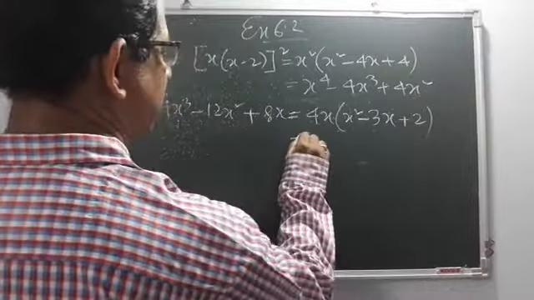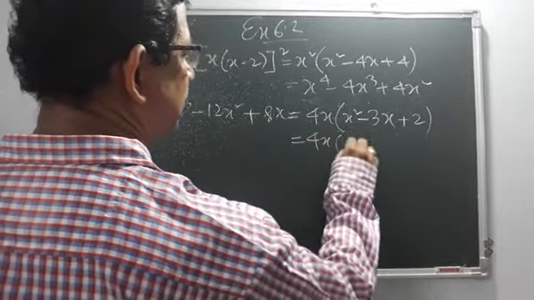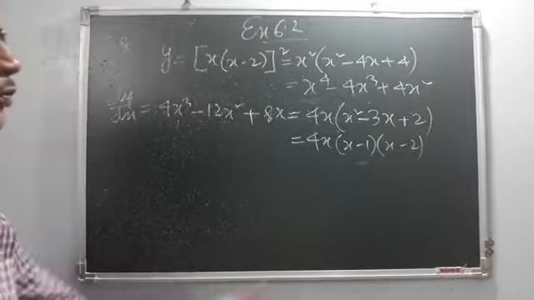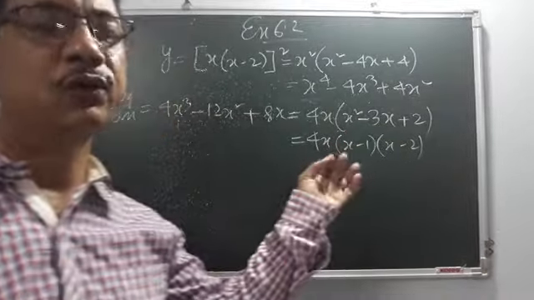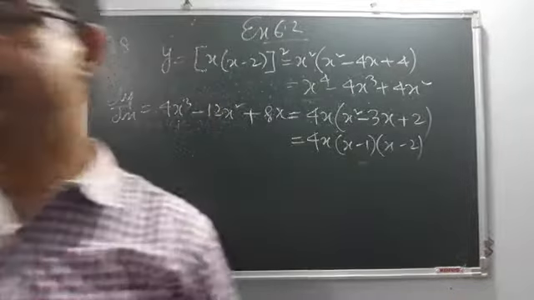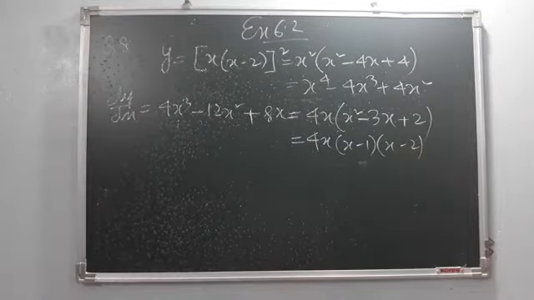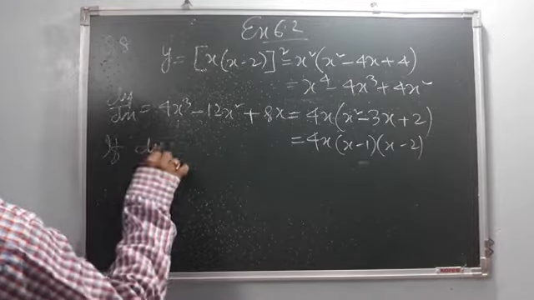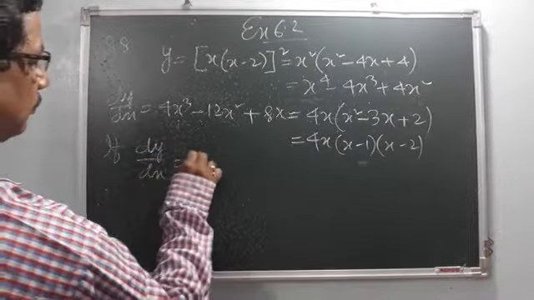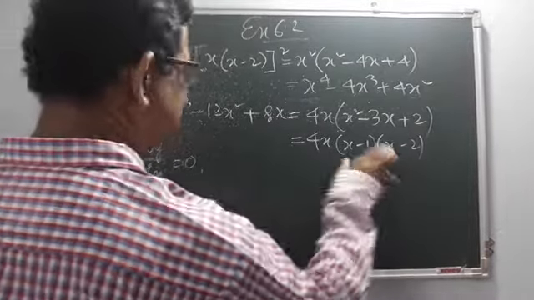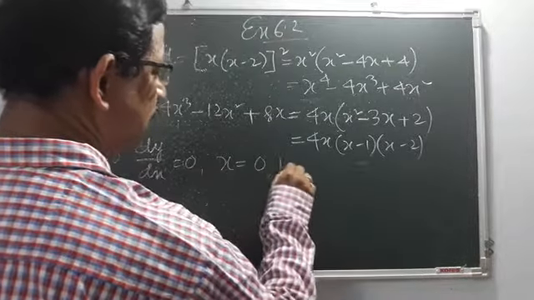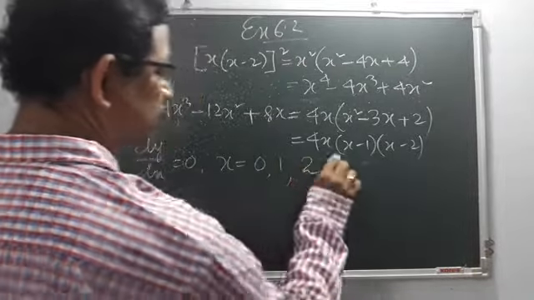If we factorize this one, I have done the factorization so many times, so we can write this as x minus 1 times x minus 2. If dy/dx is 0, then of course this term is 0, and we get x as 0, this will give 1, this will give 2.